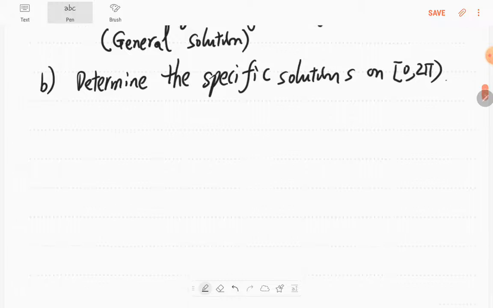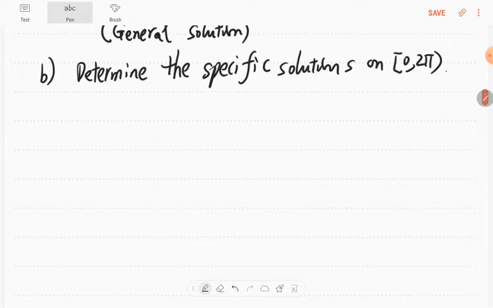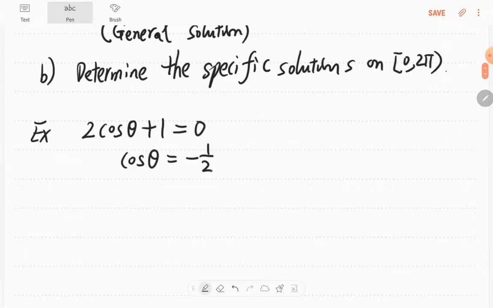Okay, so now let's look at examples. The first example, 2 cosine theta plus 1 equals 0. So we need to solve for theta. Okay, so we calculate cosine theta equals negative 1/2.